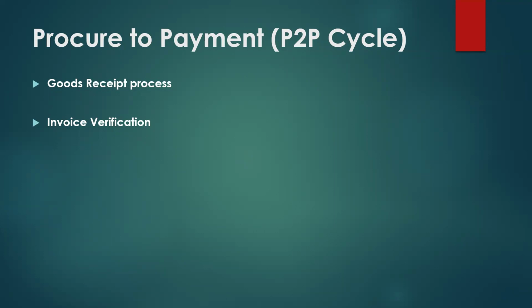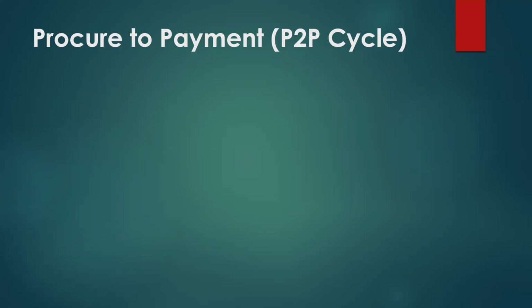Once the invoice verification is done, the next step is the payment run, and this is the last step in the P2P cycle. The payment run program will be executed, and the amount will be debited from the company bank account and credited to the vendor account. So this is all about the procure to payment P2P cycle.